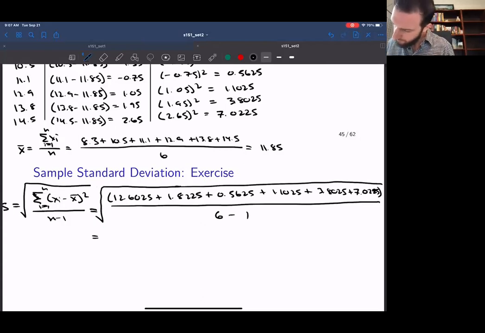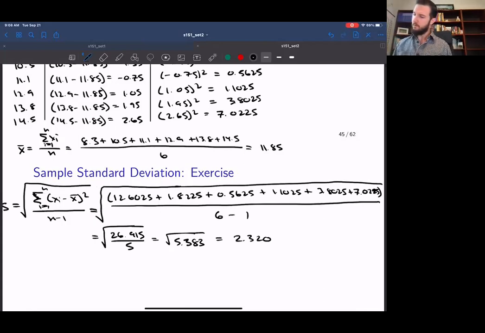Okay, so this is going to give us the square root of 26.915 divided by 5, which is the square root of 5.383, which is equal to 2.320.